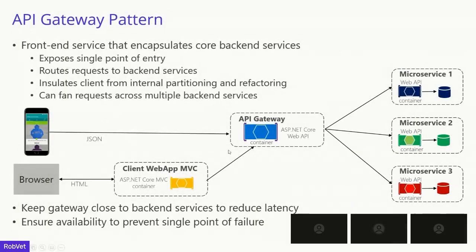Here's our gateway, here are all of our back-end services, and the different types of clients consuming the gateway. It could be a browser, but these days very likely a mobile application as well. And what's interesting about a mobile client is that instead of using HTTP, we could think about using gRPC as well.